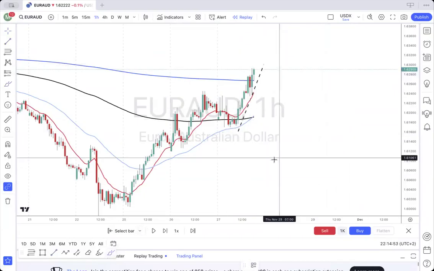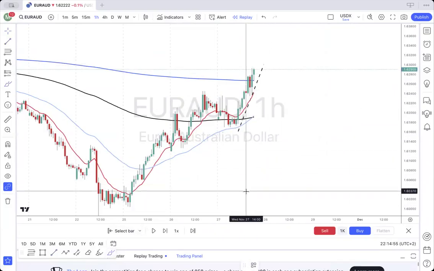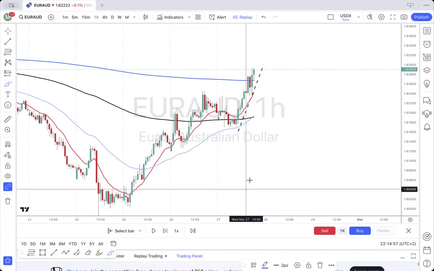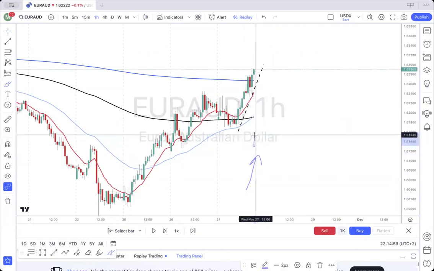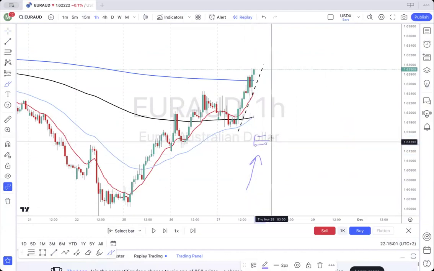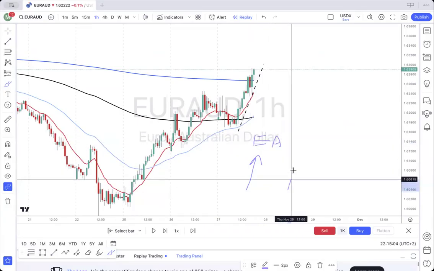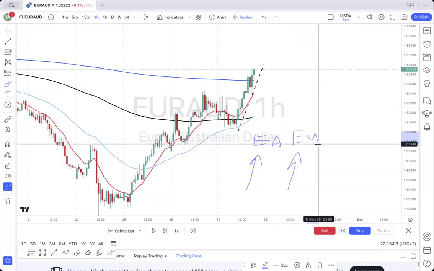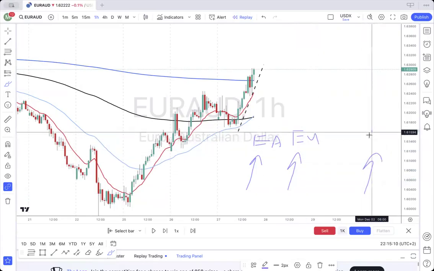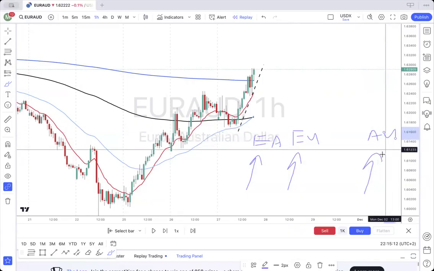So what happens is because Euro AUD was a buy, right? Because EA was a buy and EU was a buy, so they will hold AU. They will hold AU.